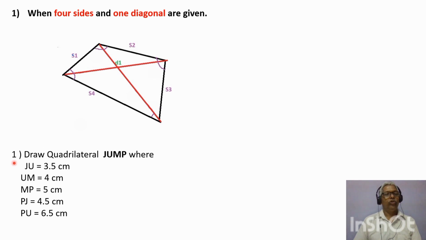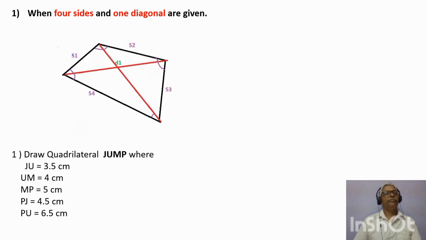So first exercise, first one: draw quadrilateral JUMP where JU equal to 3.5 centimeters, UM equal to 4 centimeters, MP equal to 5 centimeters, PJ equal to 4.5 centimeters and PU equal to 6.5 centimeters. So in the following section we will draw this. We will draw a rough sketch and see how it looks and how to draw it.